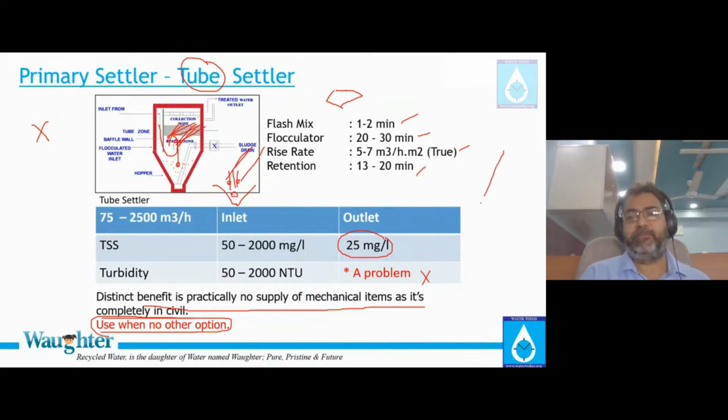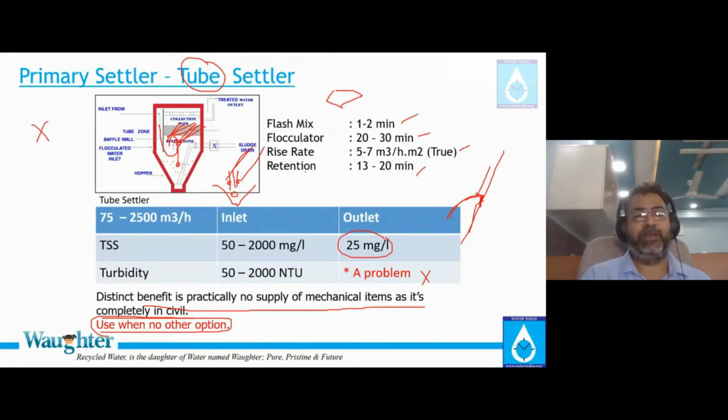And imagine if this plate or tube is coated with some oily substance, the particle which was sticking earlier by hitting this particular place and then sliding down, now hits but never sticks. So it keeps on going up. So the treated water quality is a big problem in a tube settler in sewage treatment plants, for primary applications or secondary applications, both. So never use this equipment.